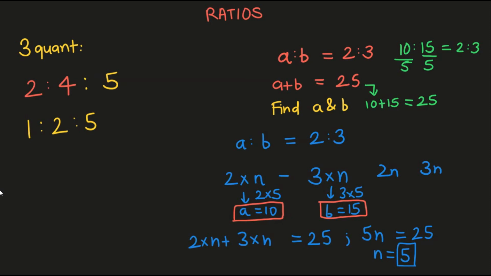When you add 2n and 3n, you get 5n is equal to 25, and then you simply have to say what into 5 is equal to 25. That is 5, so 5 into 5 is equal to 25. So that number was 5. And 5 into 2 was A, that was 10, and 5 into 3 was B, that was 15.